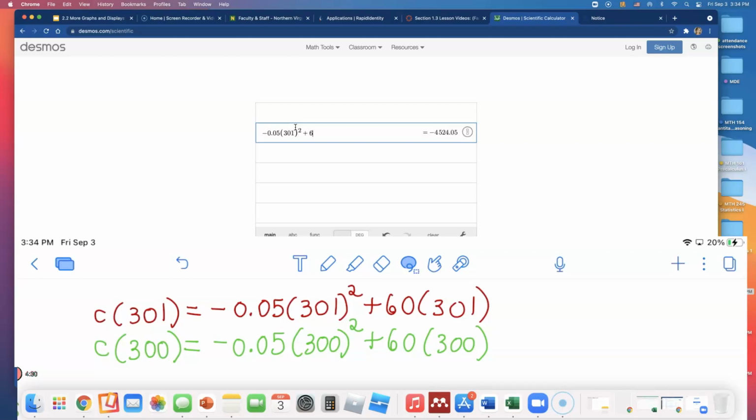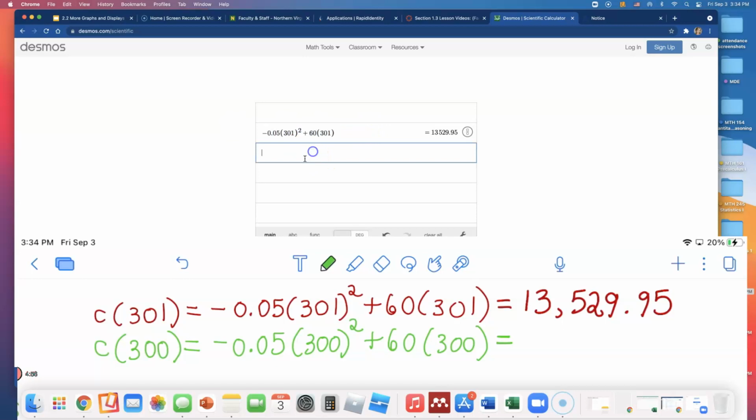plus 60 times 301. So if we make 301 cell phone cases, that's the cost of producing that many: $13,529.95. Wow, it's expensive. For the bottom part, I'm just going to copy this and change the input to 300.